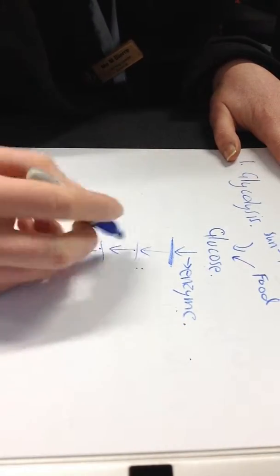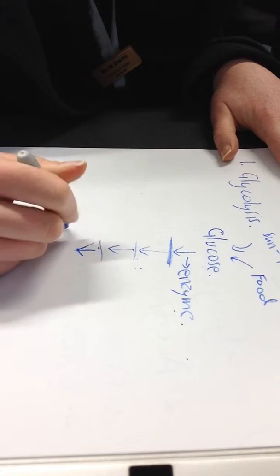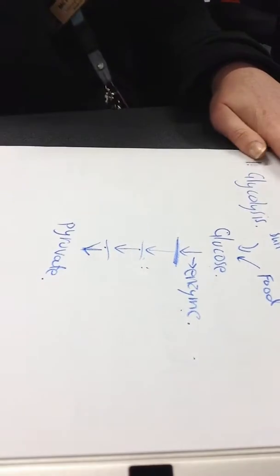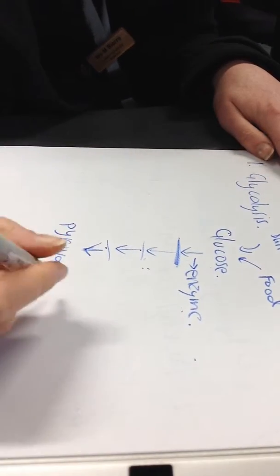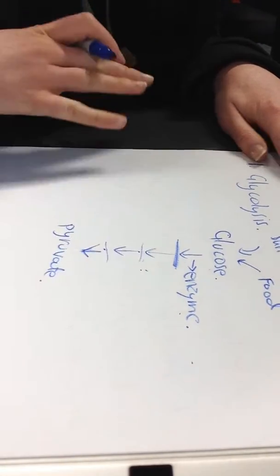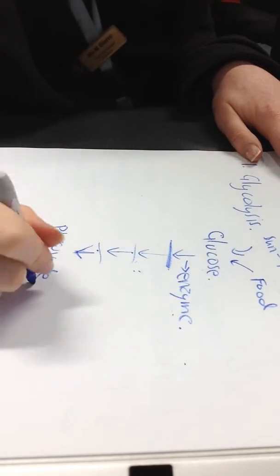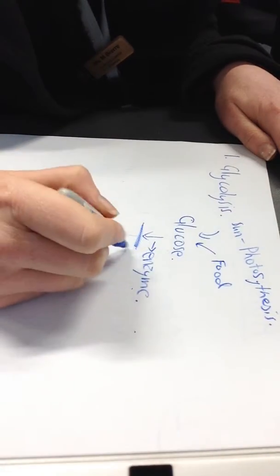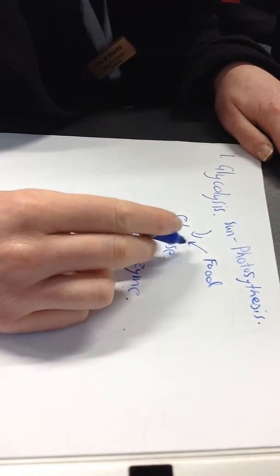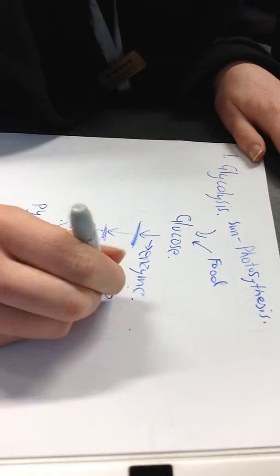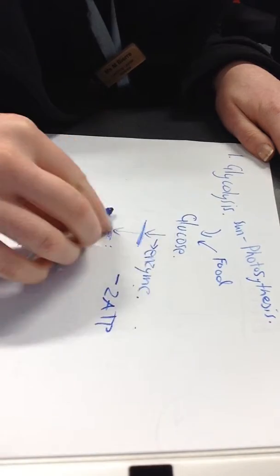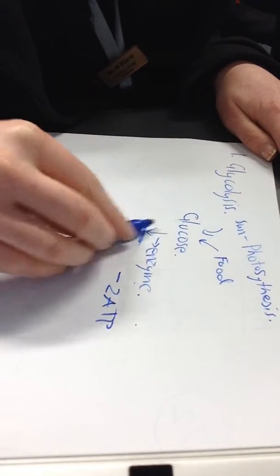You go through all these different stages, and you end up with a molecule of pyruvate, or pyruvic acid. That is the end product of glycolysis. That is where glycolysis stops. In the process of doing all these reactions, at the start of glycolysis you lose 2 ATP molecules, because forming these products uses up some energy.